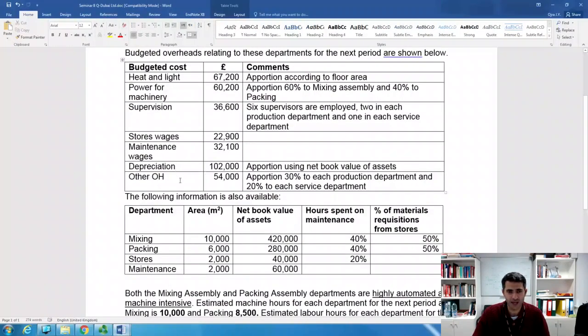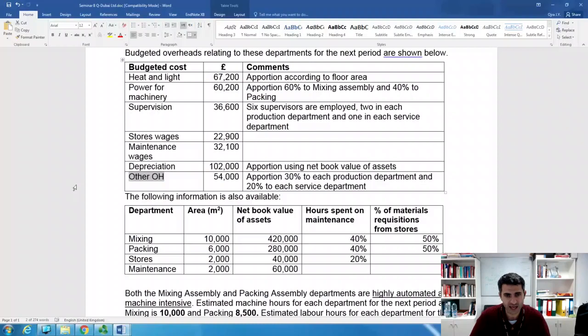The last overhead available here is other overheads, could be anything, £54,000. It tells you that from this figure, 30% goes to each production department, so mixing 30%, packaging 30%, and 20% to each service department, stores 20% and maintenance 20%.